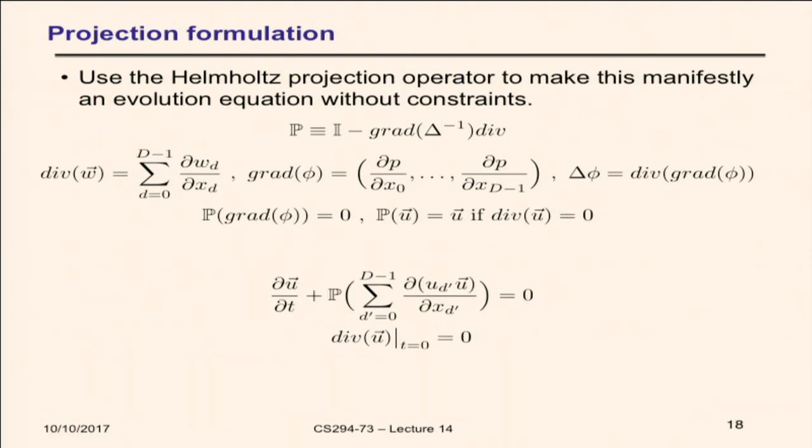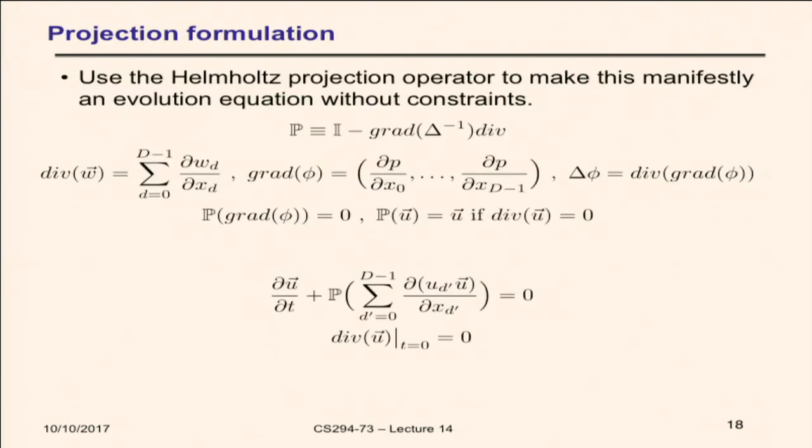So we end up with a perfectly good evolution equation: du dt plus P of the advective terms is equal to 0. P is this funny operator that involves solving Poisson's equation, but that's okay. We have a perfectly good evolution equation, plus the initial value constraint, divergence of U at time t equals 0 is equal to 0. That is exactly equivalent to the first set of equations that we wrote down.